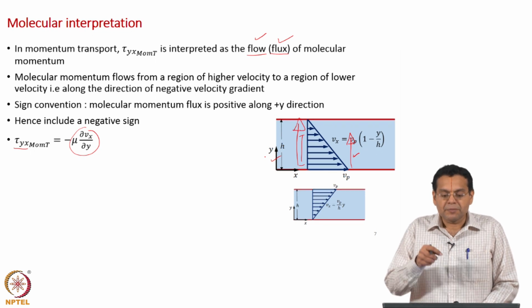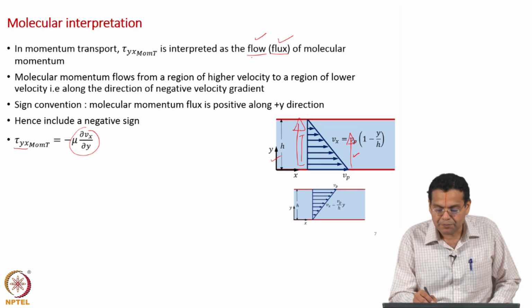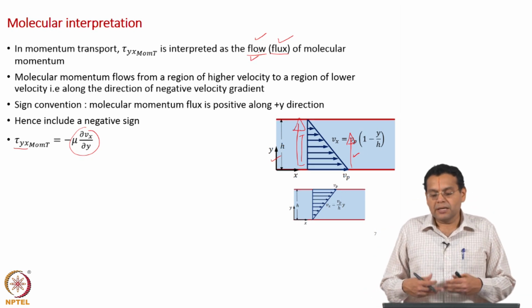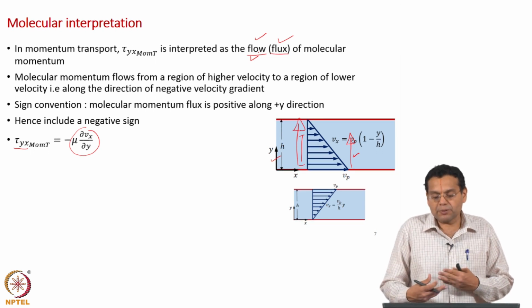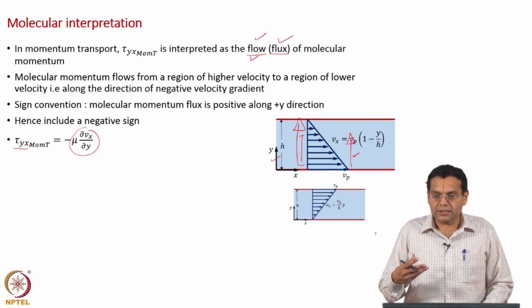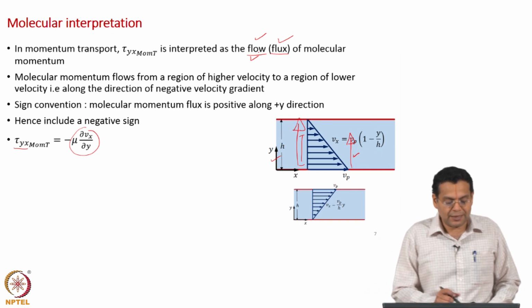Similarly, here, because we have interpreted tau x as a momentum flowing, that is why this flow is written here. Whenever you imagine tau x for momentum transport, imagine as if something is flowing. What is that? X momentum is being transported in the y direction. I want that flux to be positive along positive y axis. How do you take care of that?